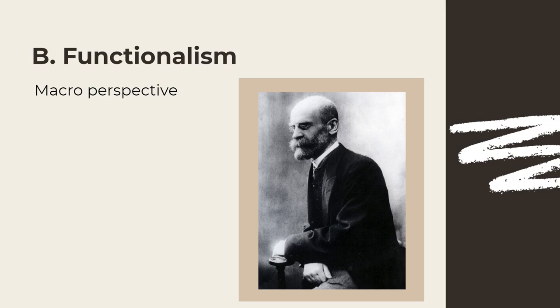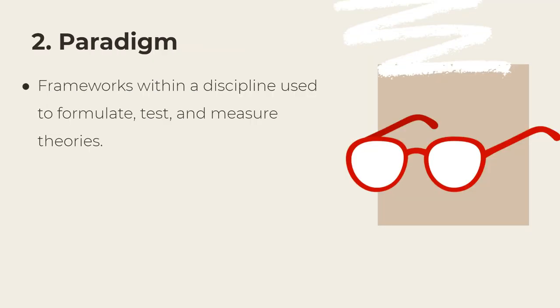I know this may be a little bit confusing for you, and it's okay, but just be aware that these are paradigms, and sometimes the words paradigm and theory are used interchangeably because, again, the paradigm is used to build a theory.